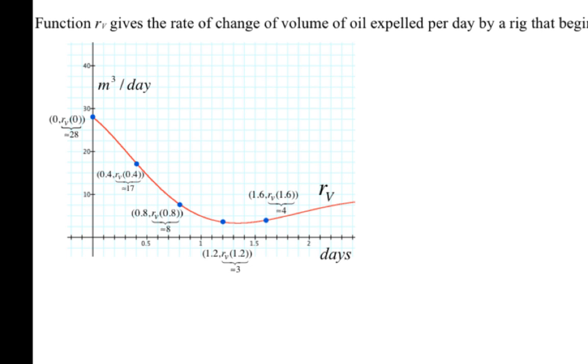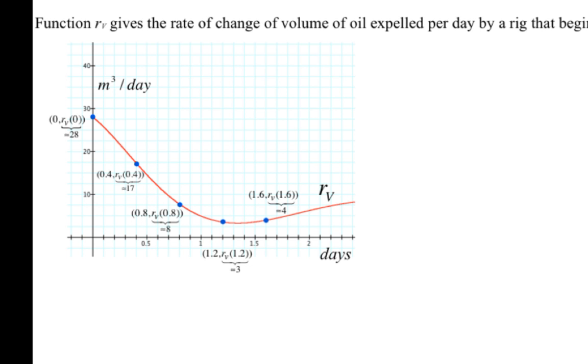Okay, make sense? Okay, now here's what I want you to do. I want you to look at that first interval from 0 to 0.4, and I want you to illustrate a constant rate of change in that interval equal to RV of 0.